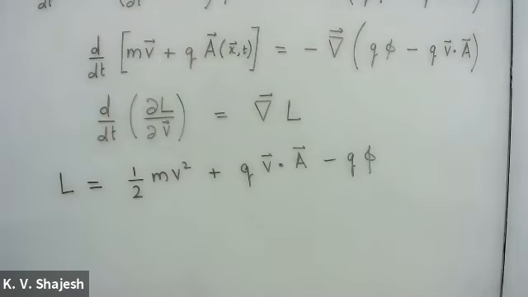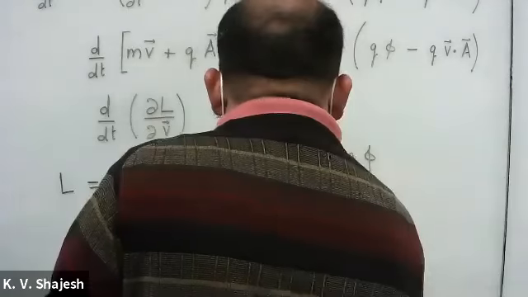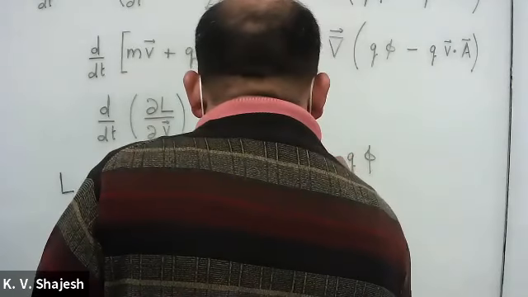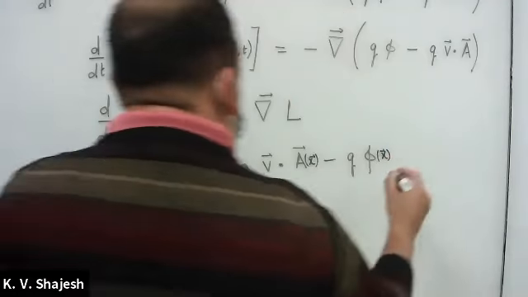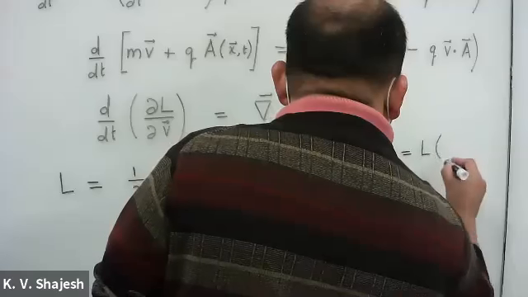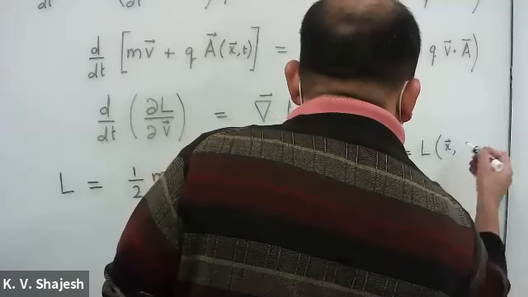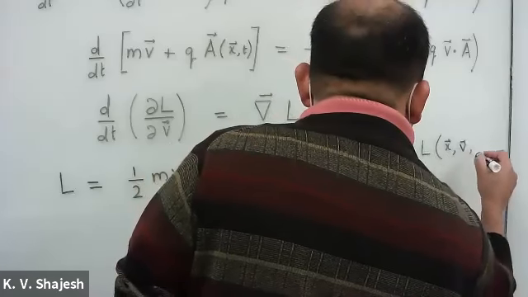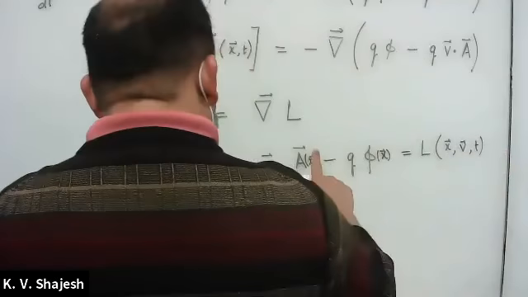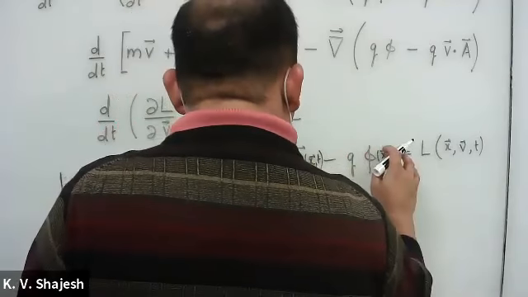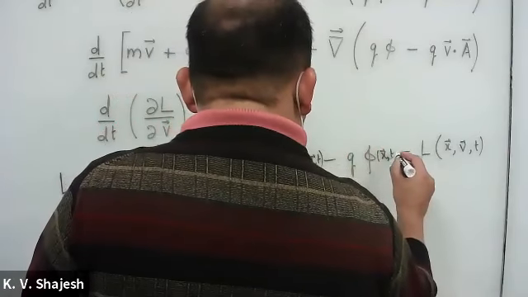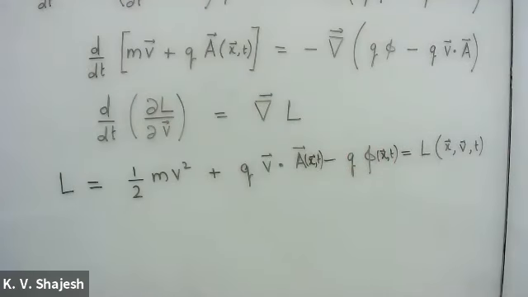So that's your Lagrangian, which is a function of x and v. Let me explicitly show where the x and v are: x, and that's your velocity, and this is L of position, velocity, and time. This could also be time dependent, right? Is that clear now?